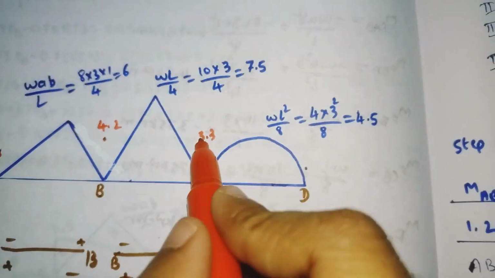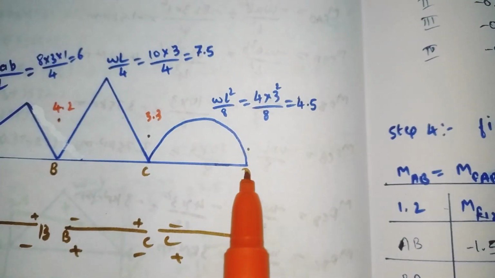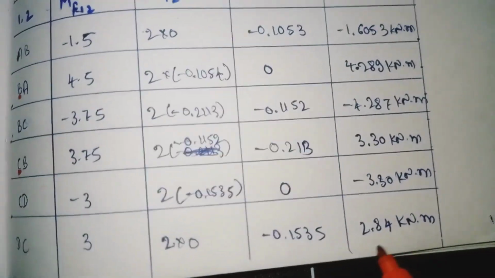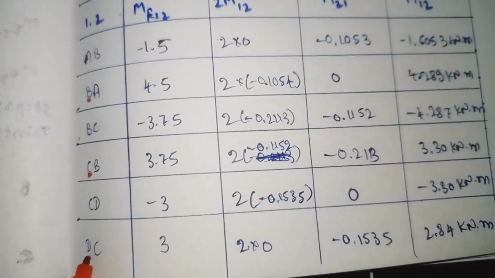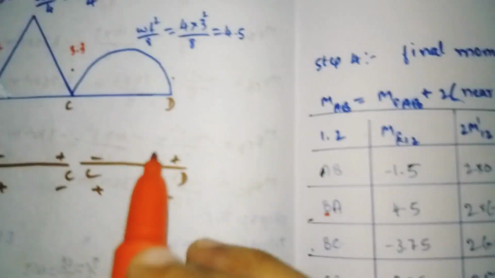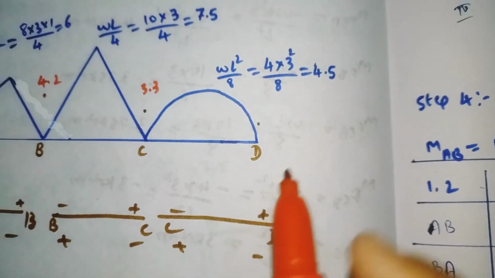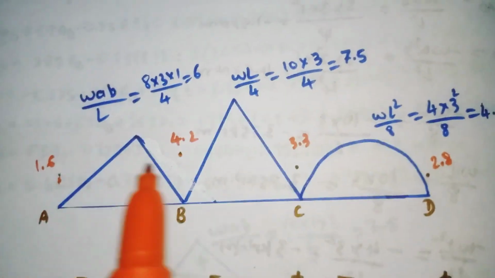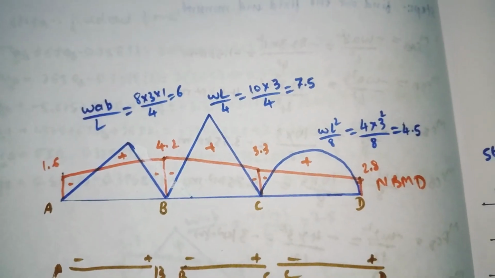It also comes here. And finally for member CD, MDC, the value is 2.8. Here the first point is D, so at point D it is 2.84. The positive value also comes above the neutral axis. So 2.8 comes here. Now join all the lines. So here our problem ends.